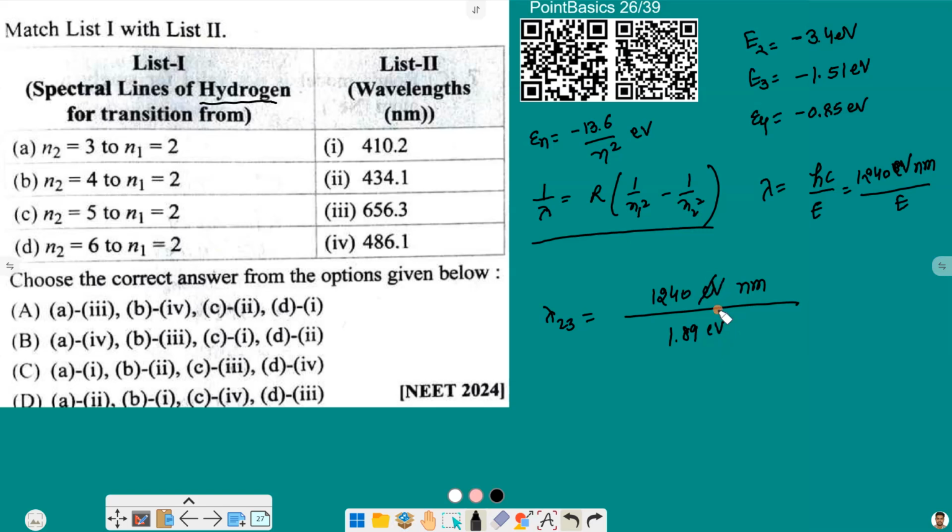So electron volt gets cancelled, and when we solve this, we will get 656 nanometer. So A should go with the third option. And if we see the options here, we have only one that matches with A going with the third. So option A will be the right answer here.